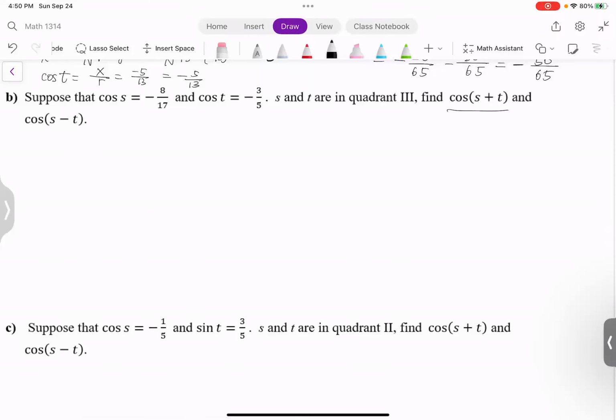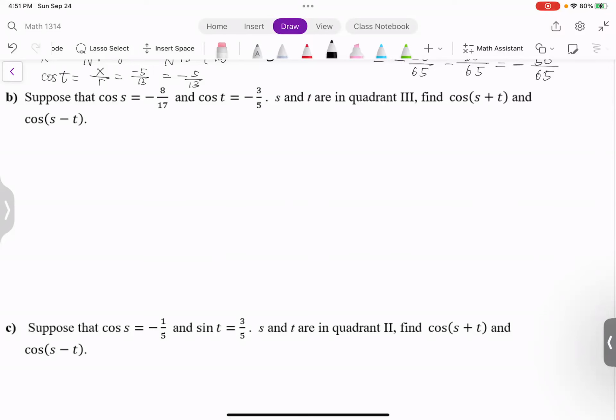Okay, to find these, I must have cosine s, cosine t, sine s, and sine t. The question gives us the cosines, but the sines are missing. That means we need to find sine t and sine s first.